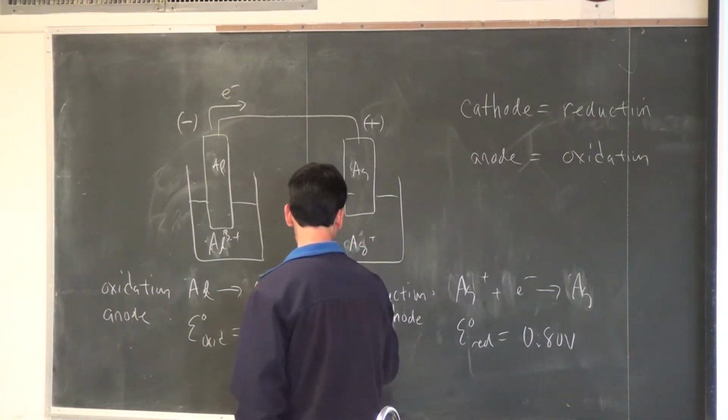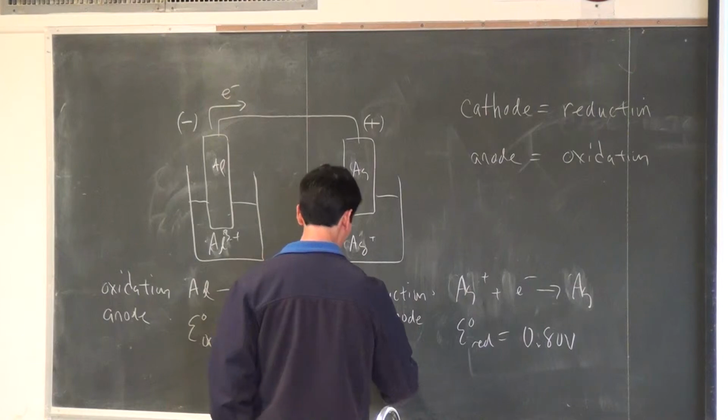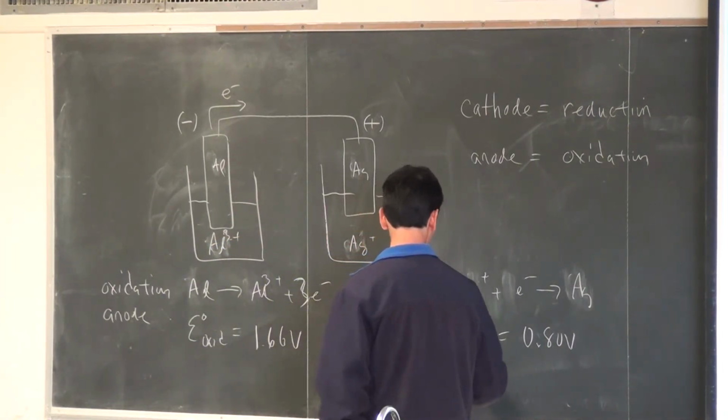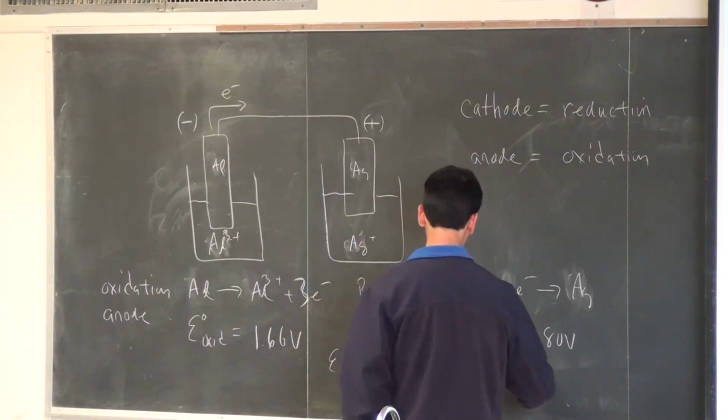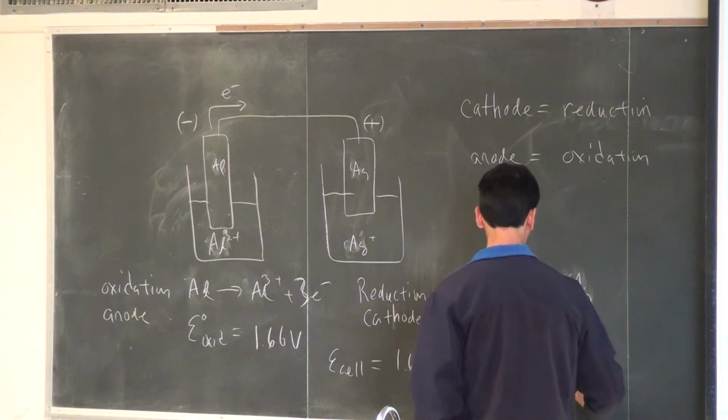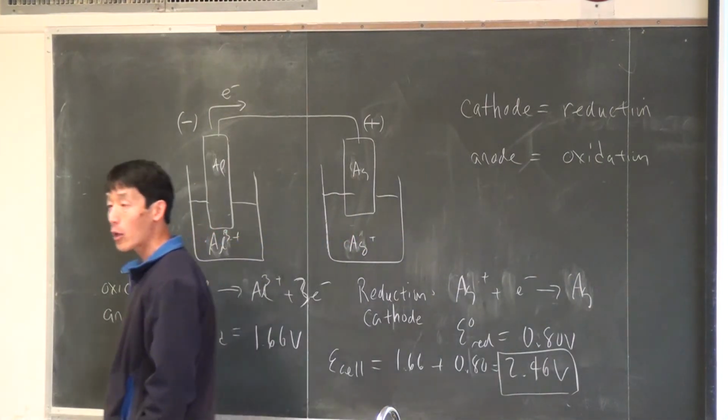And then for our E cell, that's going to be 1.66 plus 0.8, which is 2.46 volts for our battery.